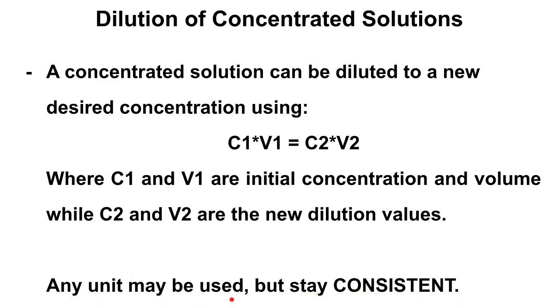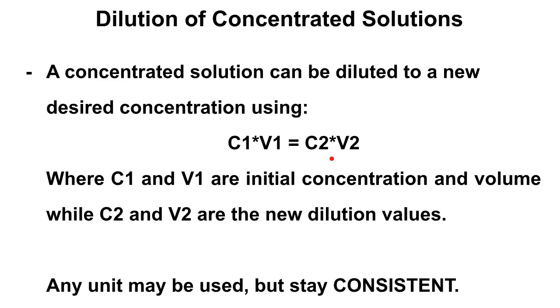Now, here's what's important with this equation. Any unit may be used, but you must stay consistent in the units. So that's kind of like the weight by weight that we just saw. So what does this mean? It means whatever I choose for concentration 1, that's what concentration 2 has to be. Whatever I'm going to use as my volume unit, they have to be the same. So I could use microliters, nanoliters, or kiloliters.